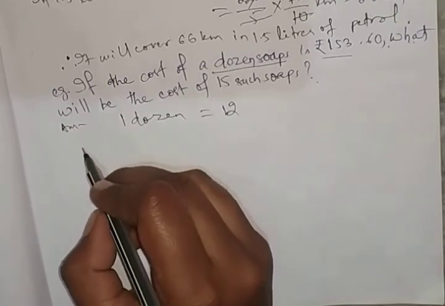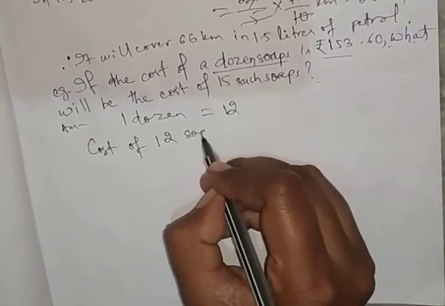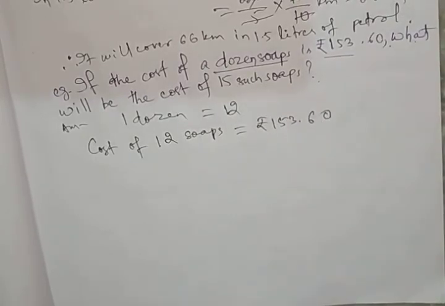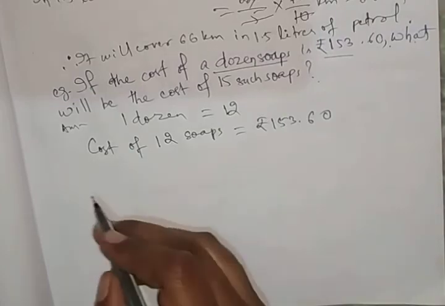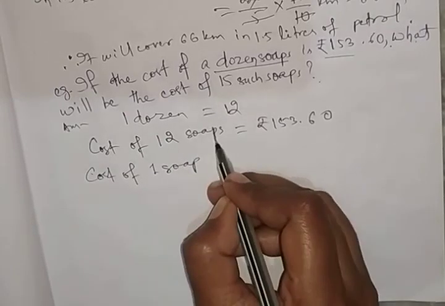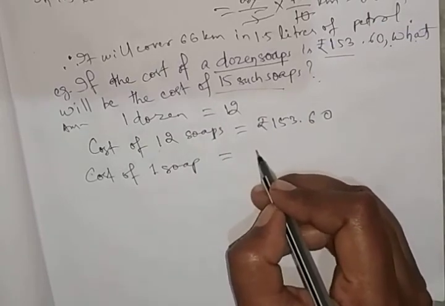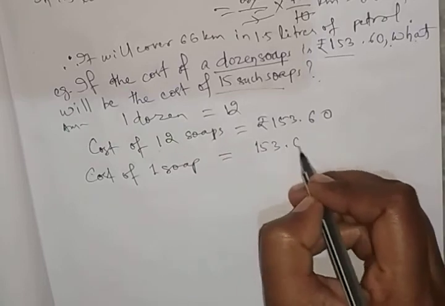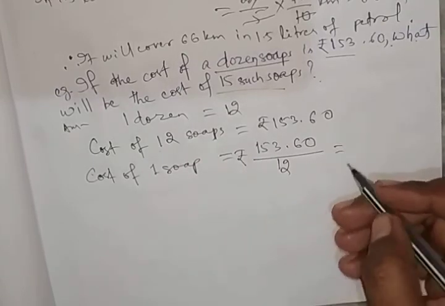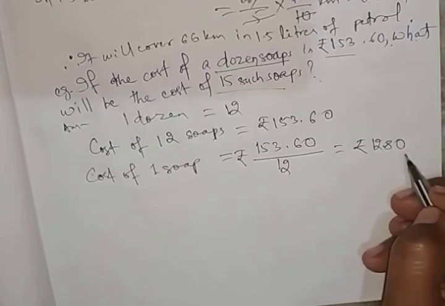So the cost of a dozen soaps means the cost of 12 soaps equals rupees 153.60. Then we'll find the cost of one soap so that we can find the cost of 15 such soaps. Cost of one soap is equal to 153.60 by 12 rupees, which is rupees 12.80.